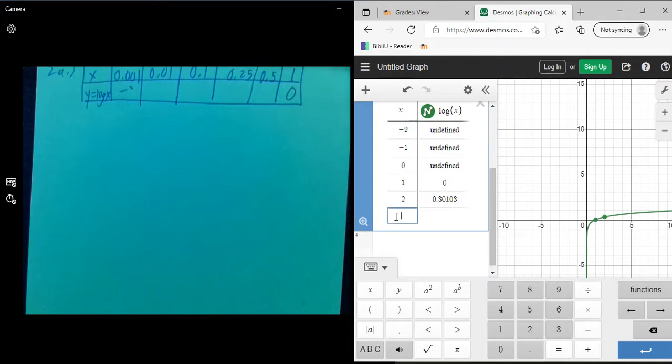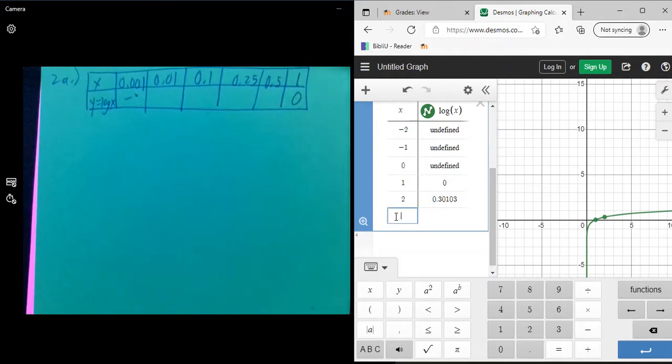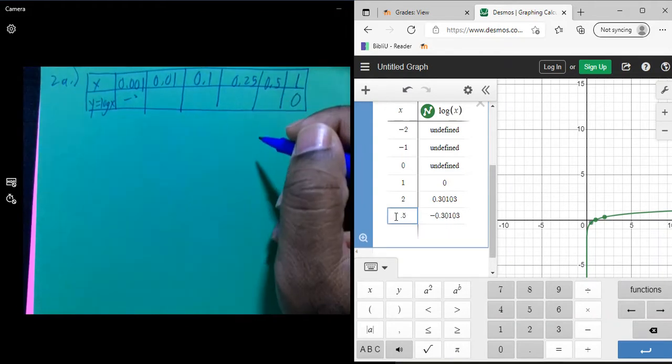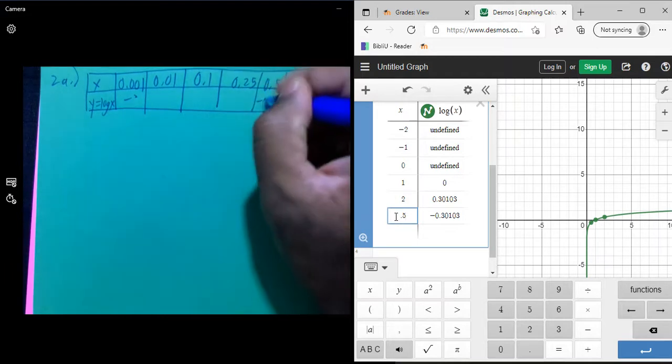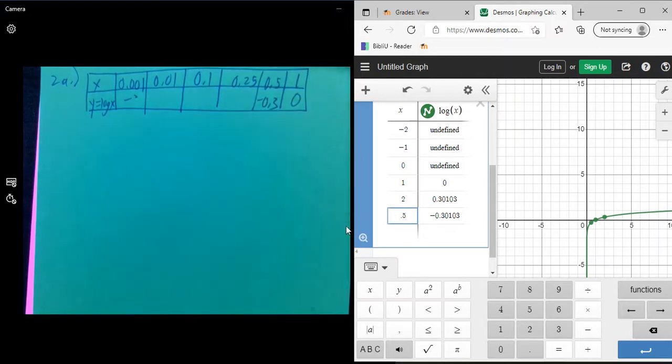So then we could put in, what's that, 0.5? 0.5 is a negative, it'd be negative 0.3 because we're rounding to the nearest 10th.